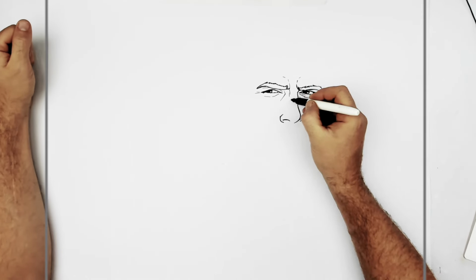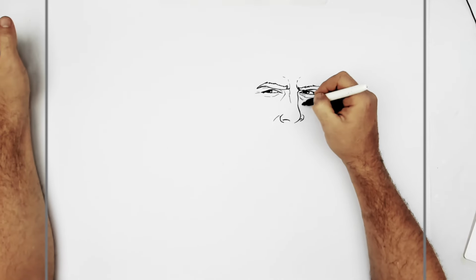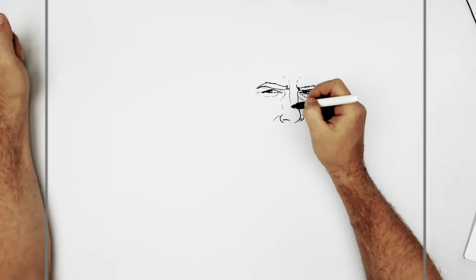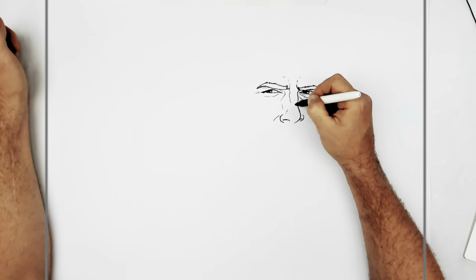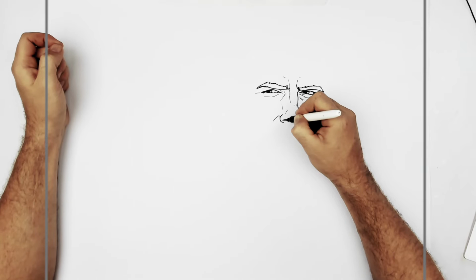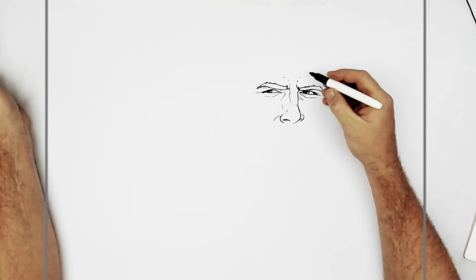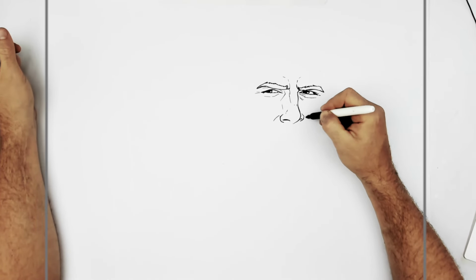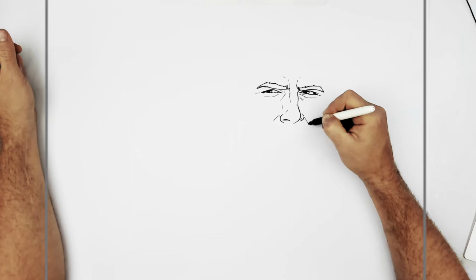Like so. That's all I would probably draw for his nose, just because of the position it's in. Right, and then we got like a strong sort of cheek line again coming down from there.